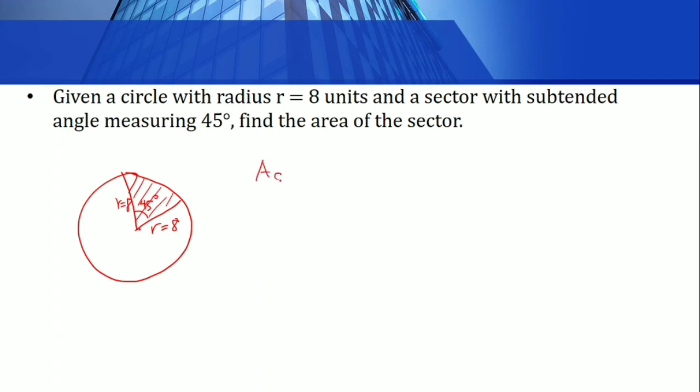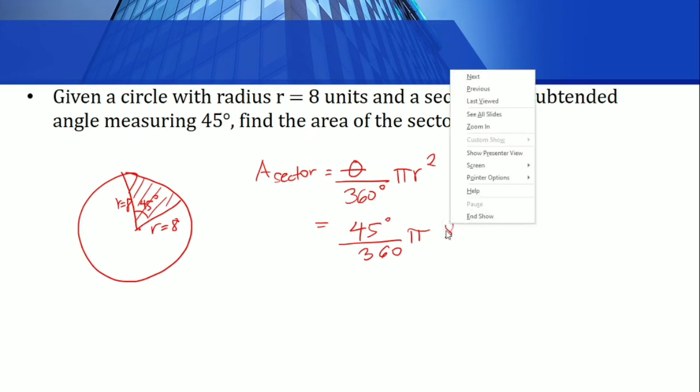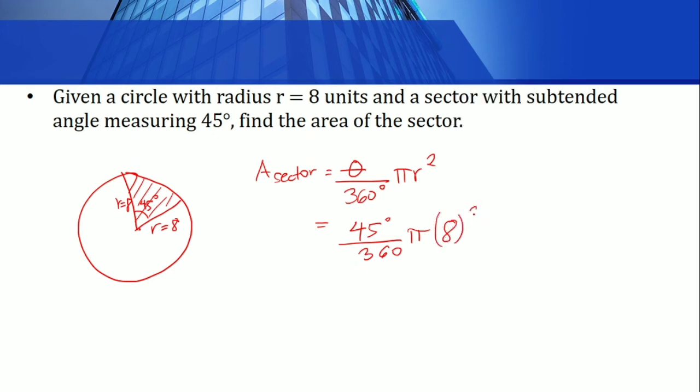So, sabi natin area of sector is equivalent to theta over 360 degrees times pi r squared. So, area ng sector is equivalent to 45 degrees over 360 times pi times yung r natin, which is 8. So, that will be 8 squared. So, area of sector is equivalent to 8 pi square units.